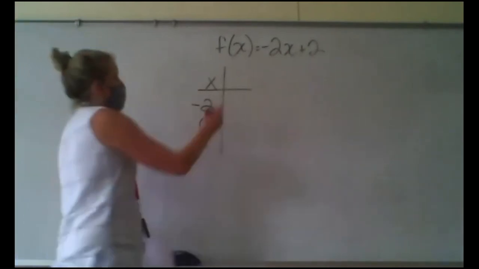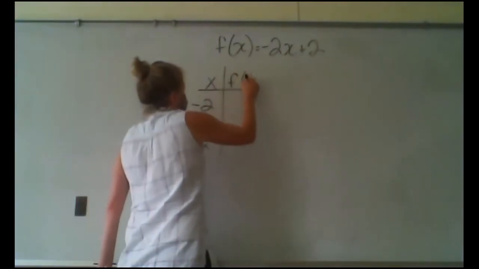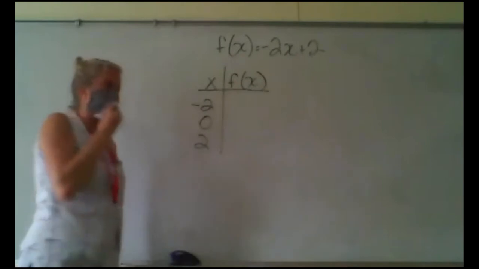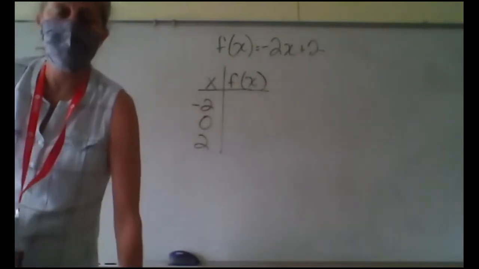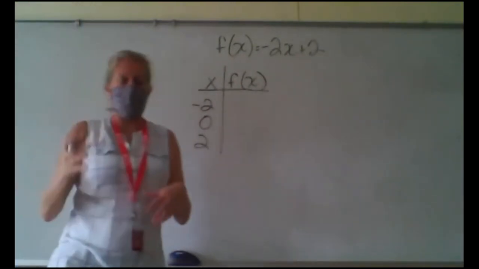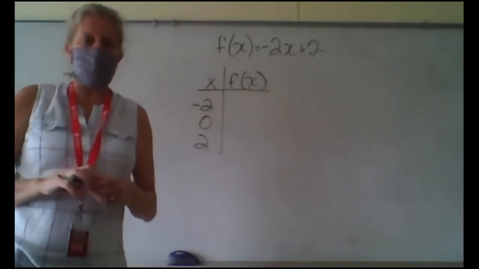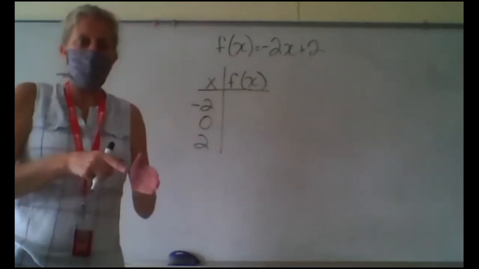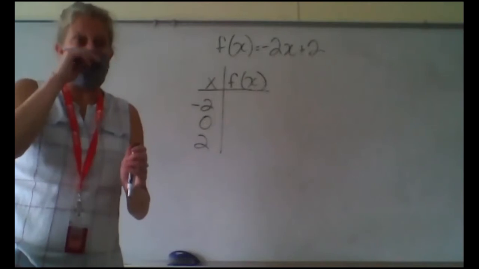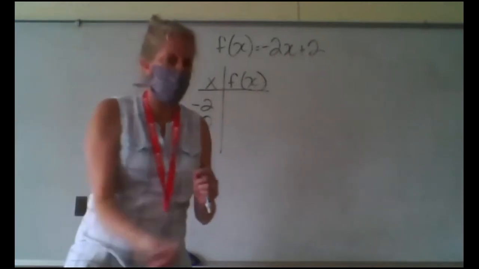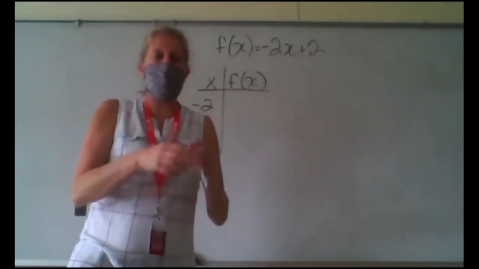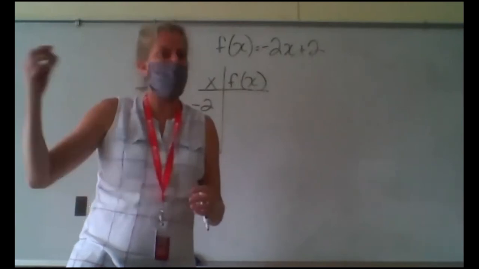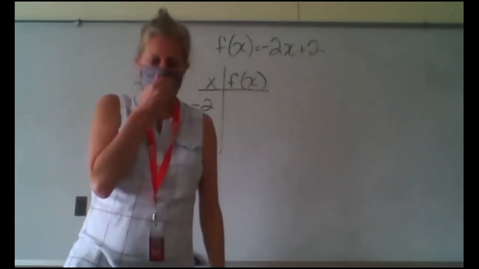And then it gives me a column, and it calls this column f of x, which brings up another important point, and the important point is that f of x and y mean exactly the same thing. Your y's are a direct result of whatever you plug in for x, which means they are a function of whatever your x value is, okay?